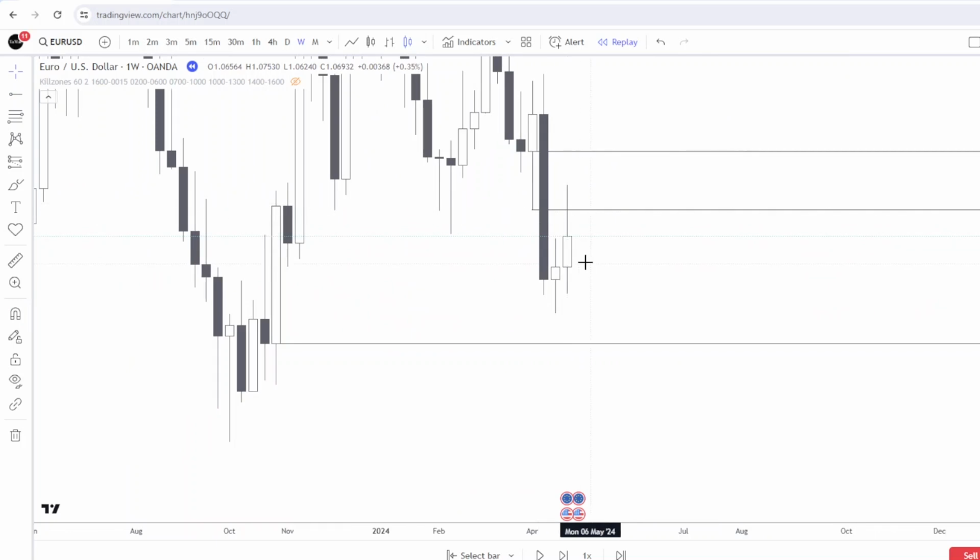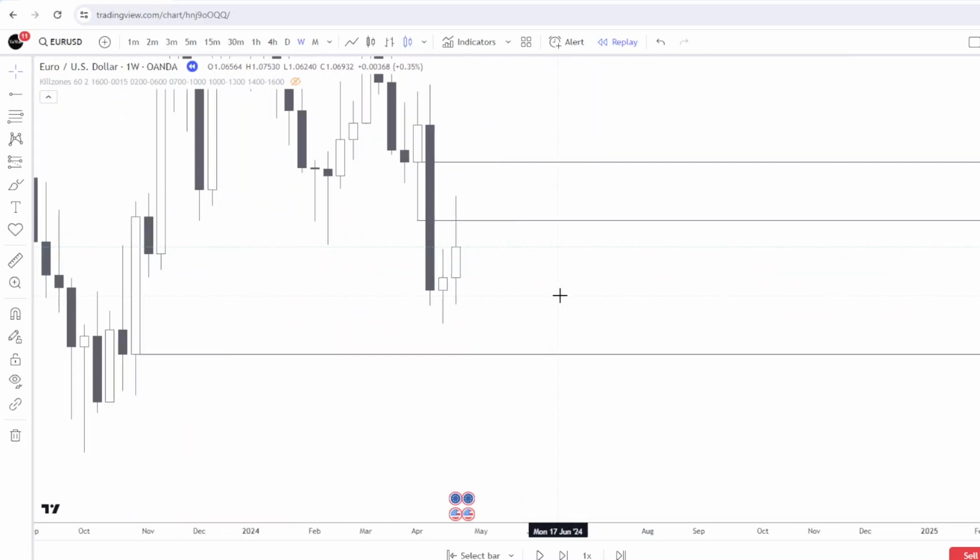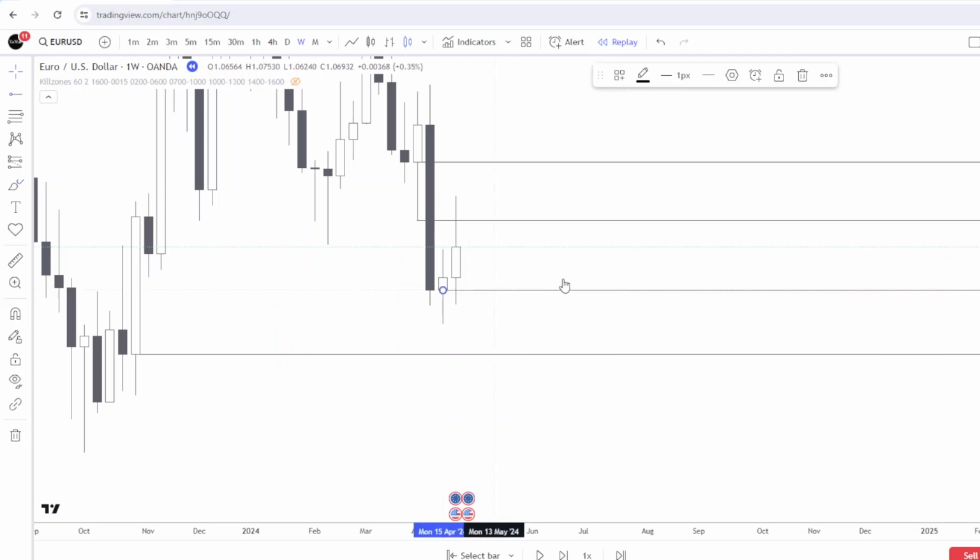This was before this price action. Okay, so since the candle had closed here, I was also looking at the unmitigated wick, which is this one.